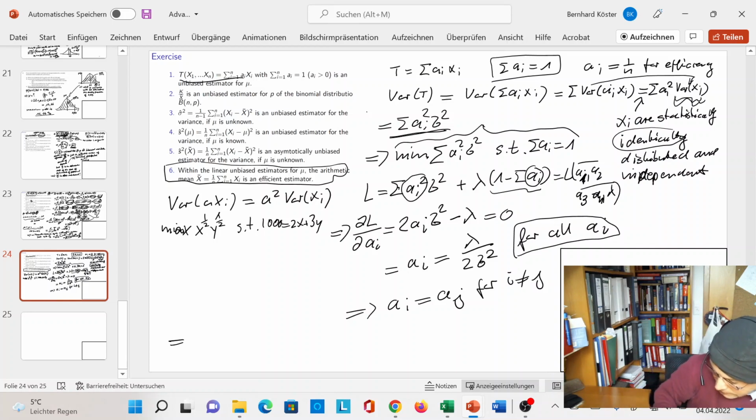And this means all parameters have to be the same.